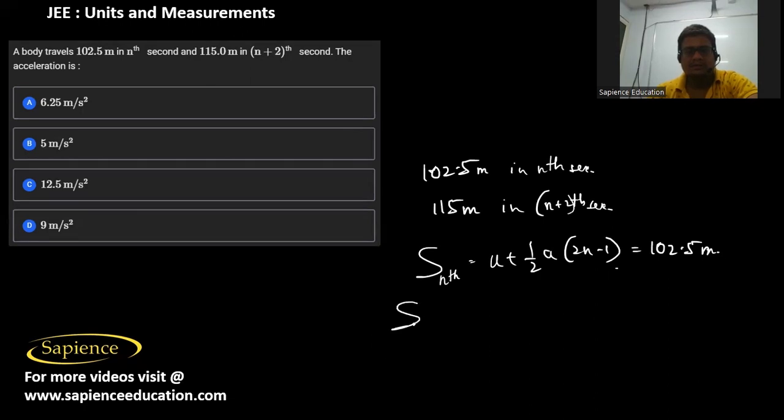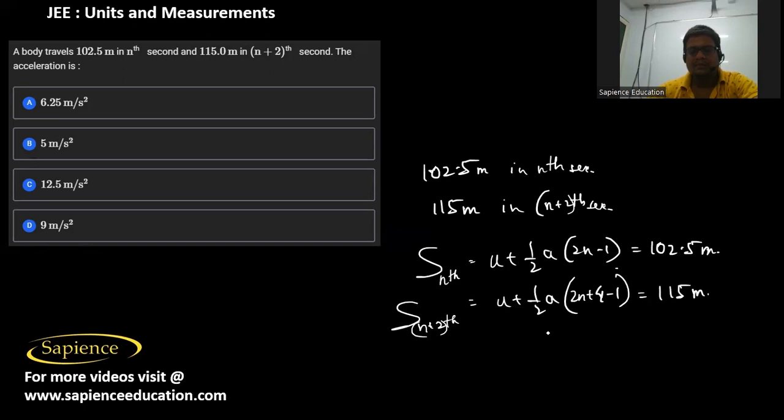And the displacement in the n plus 2th second will be equal to u plus half a into 2n plus 4 minus 1, so that is equal to 115 meters. Then we have to find the acceleration.